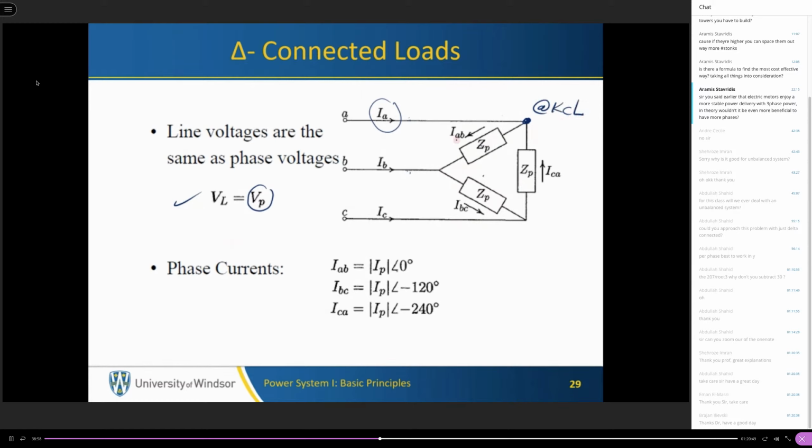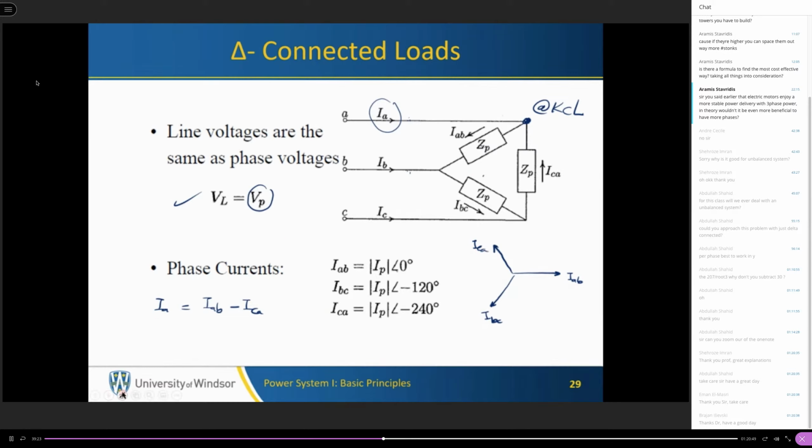IA is equal to IAB minus ICA. So if you have the phase currents, this is IAB, this is IBC, and this is ICA, and you want to get the line current, let's consider IA.